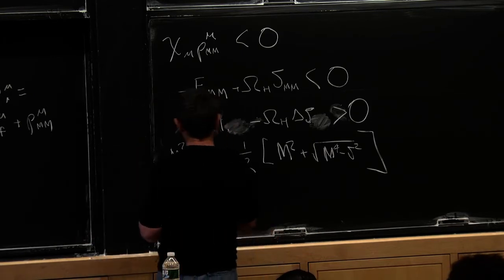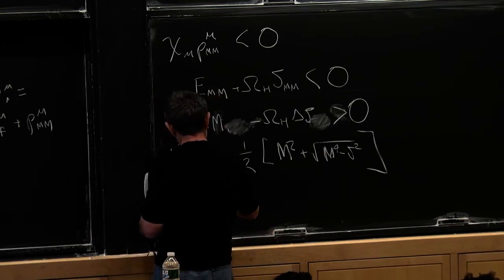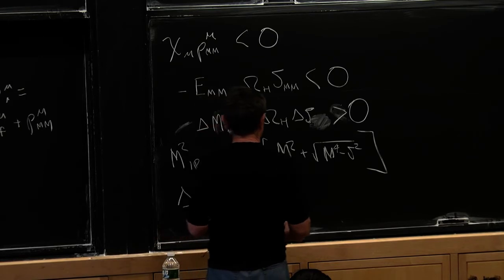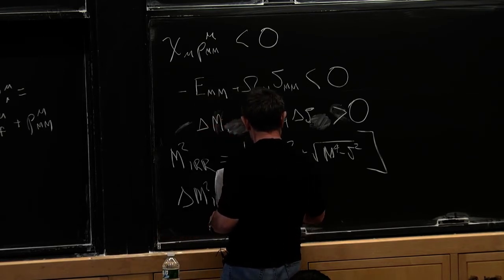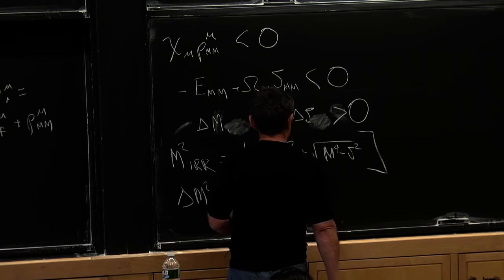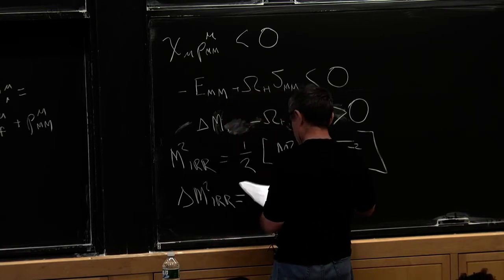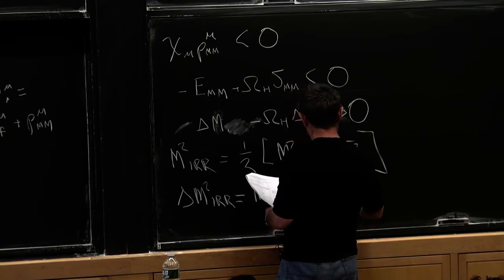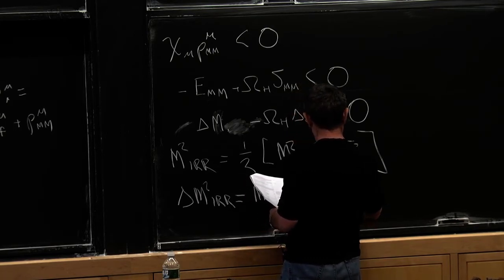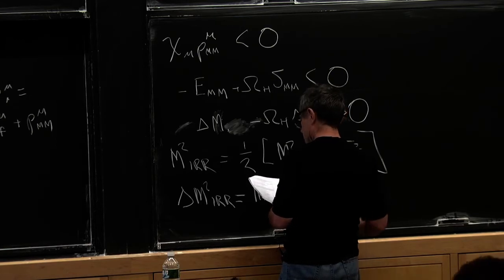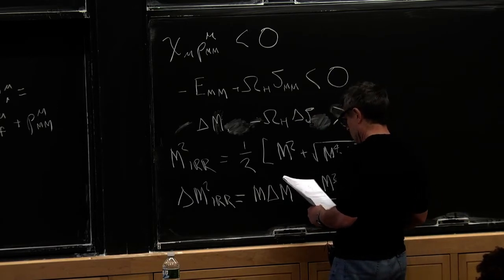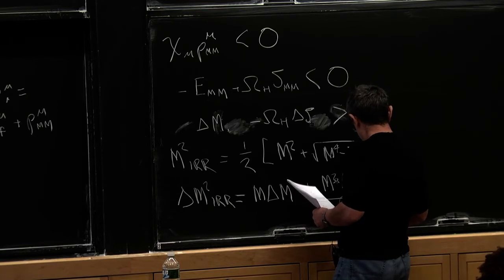And so if we take the change in this process of this M squared irreducible, from the first term we get M delta M. And the second term, we get two things. So we get plus M cubed from varying this, delta M minus J delta J, all over the square root of M to the 4 minus J squared.